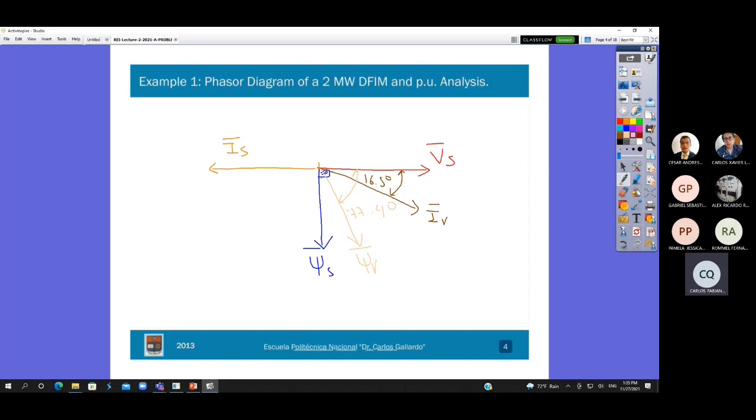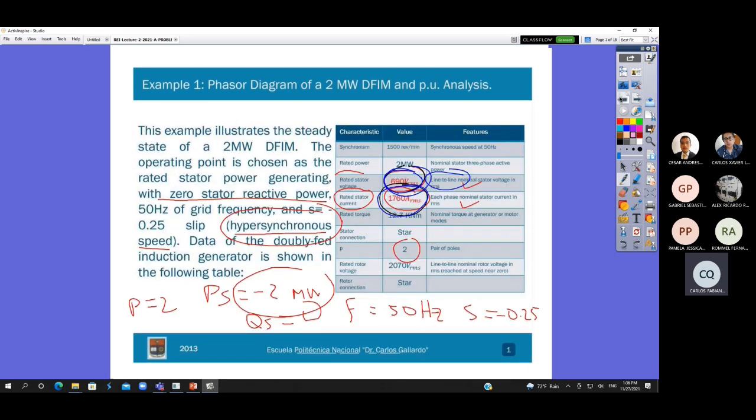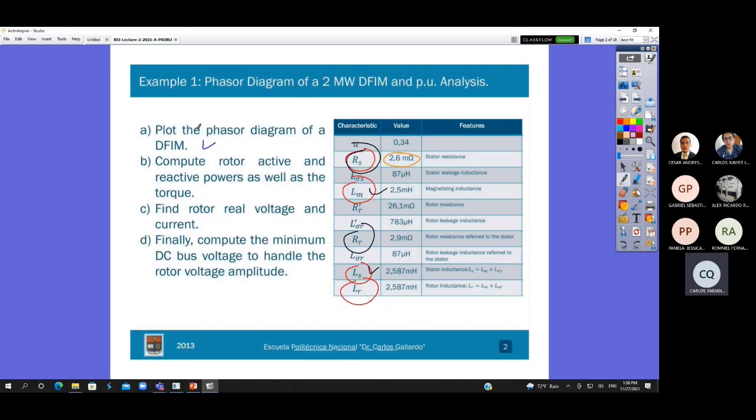For the rotor voltage, this is the phasor, and the angle is 165.9 degrees. This is my first question: to plot the phasor diagram of the doubly fed induction generator.